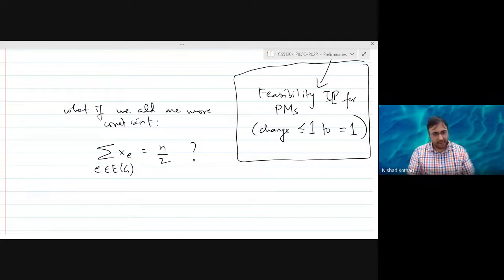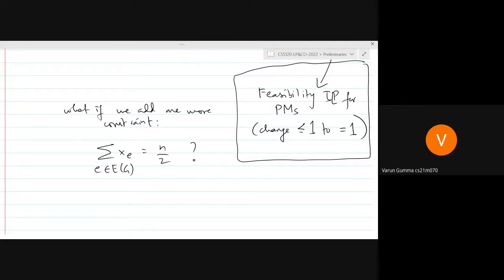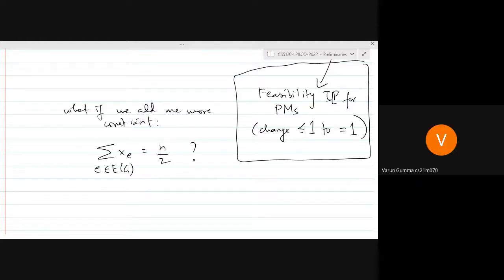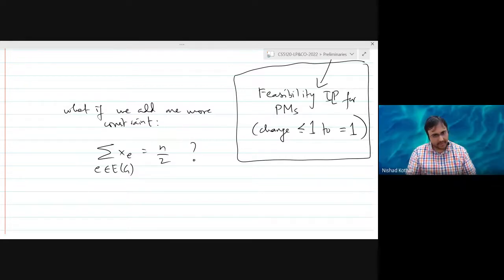So it's not really the handshaking lemma, but maybe. So why should we add this? Supposing you are saying that we should add this constraint, why would you add it? And if you say that you don't want to add this constraint, then why not?